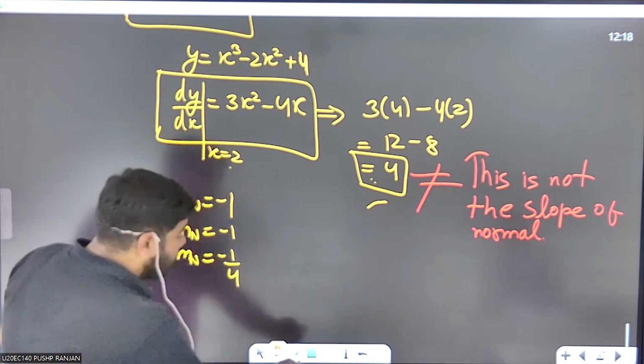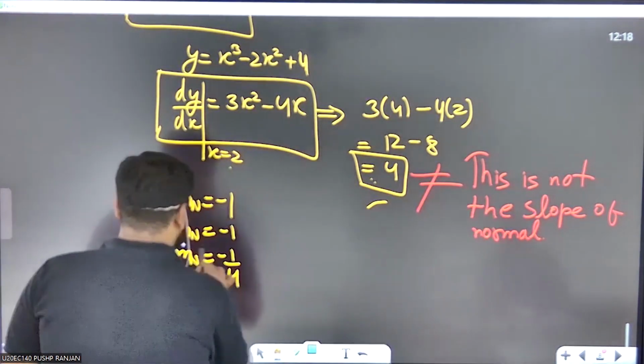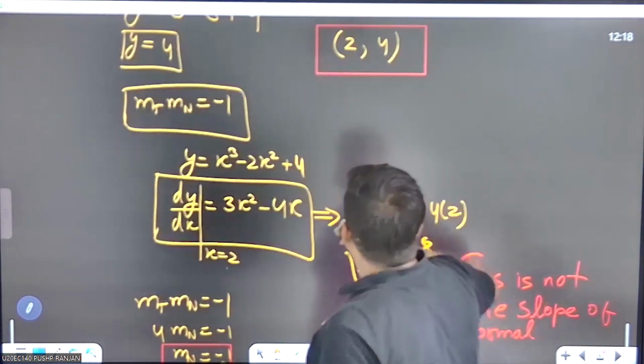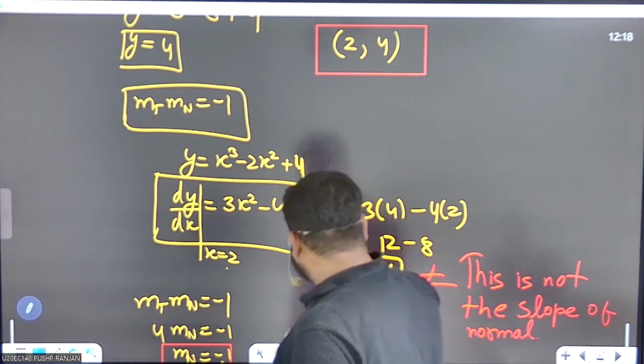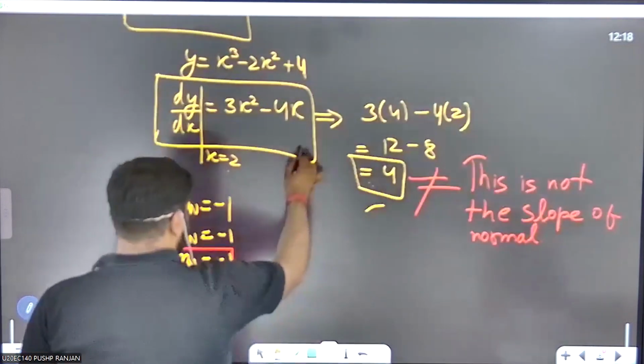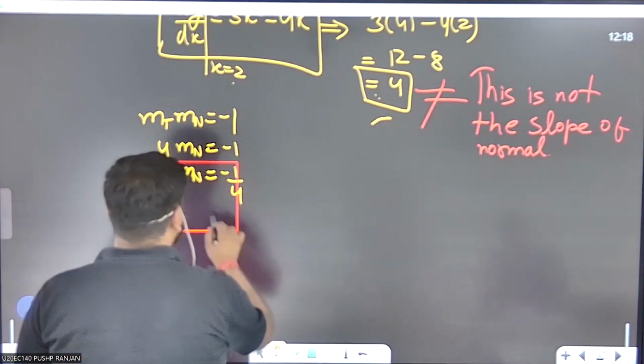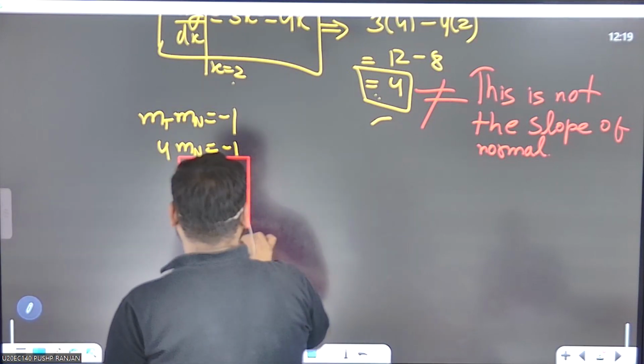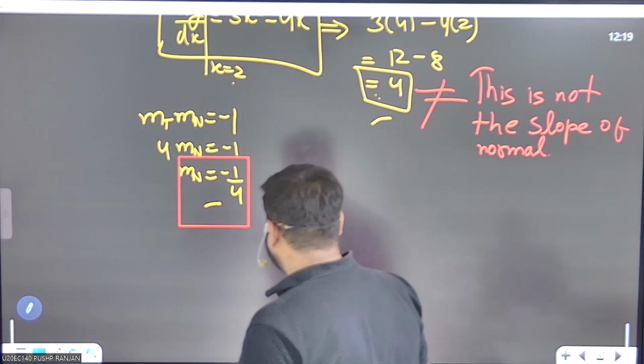Now you can see that we get the slope, and we already got the point over here. So now we are able to write the equation of normal.